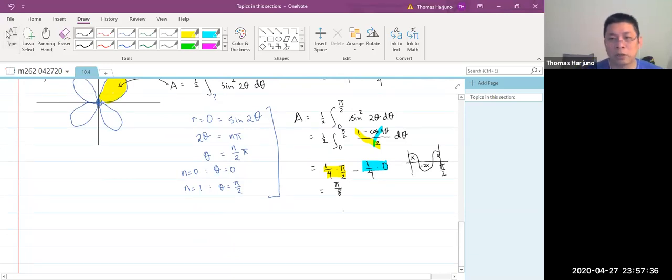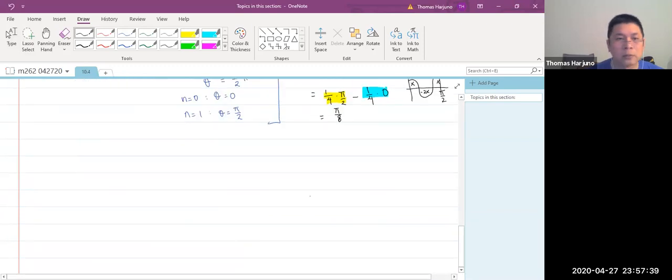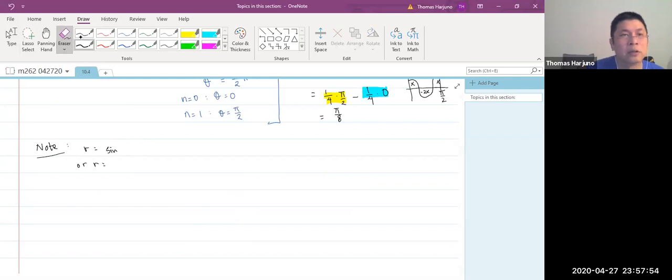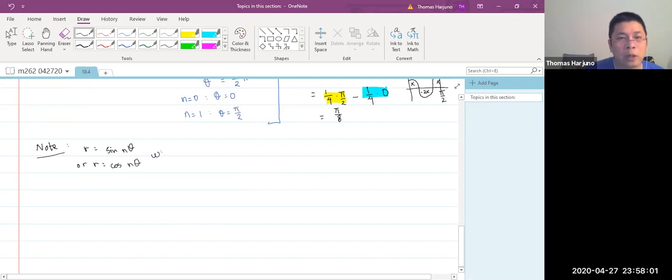The following situation: r equals sine n theta, or r equals cosine n theta, will have n leaves if n is odd.